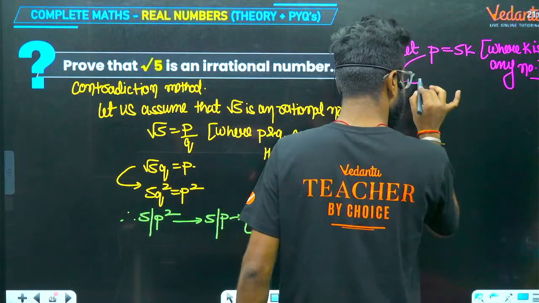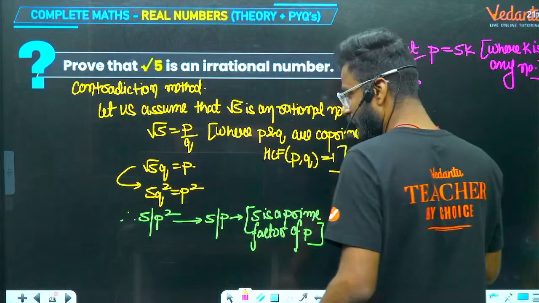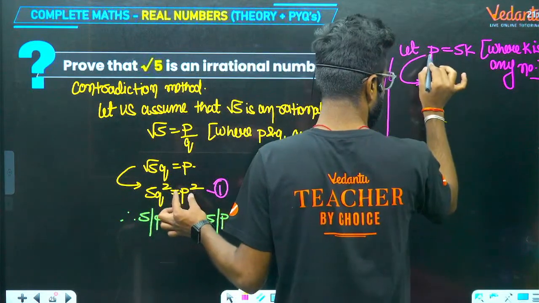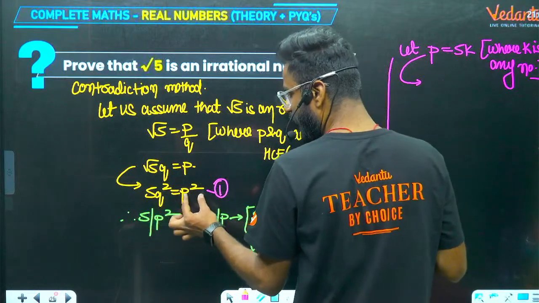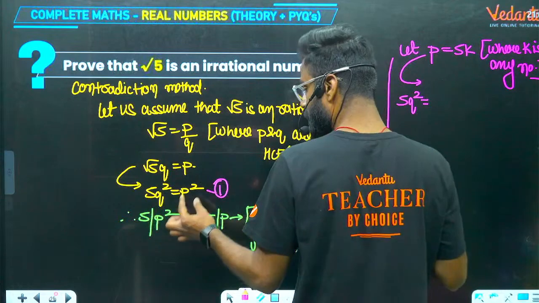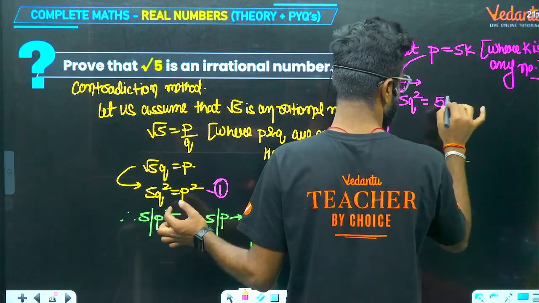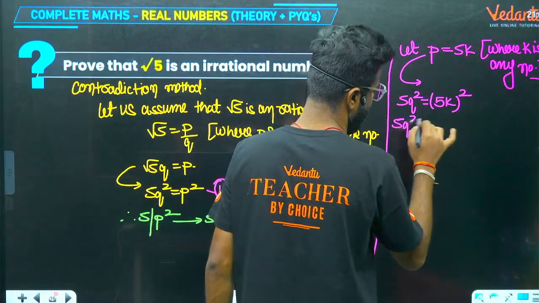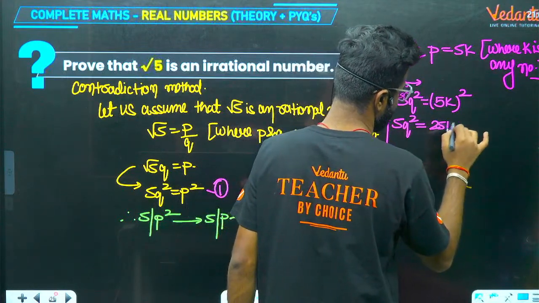Now this P is equal to 5k. You have to put it in the first equation. Put P equal to 5k. We get 5Q square is equal to P square, which means 5k square. If we solve this, 5Q square is equal to 25k square.